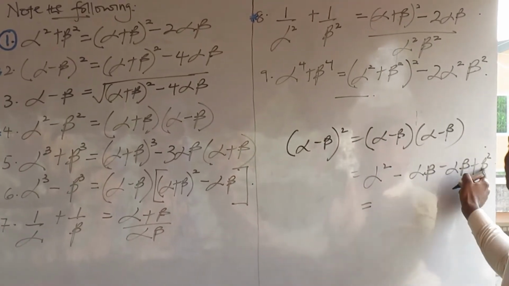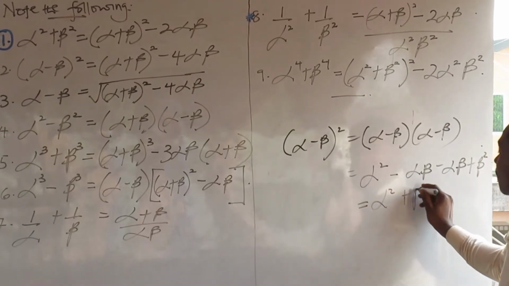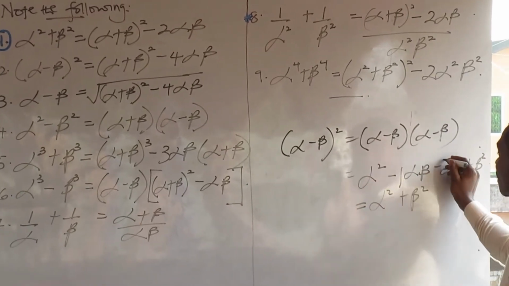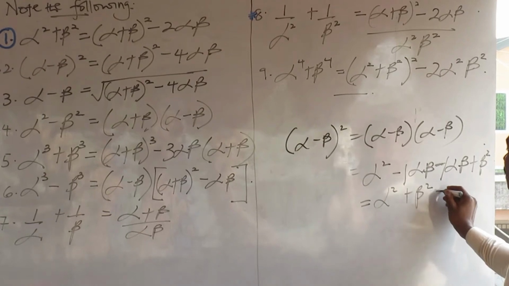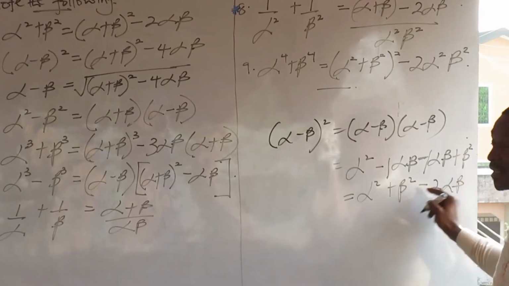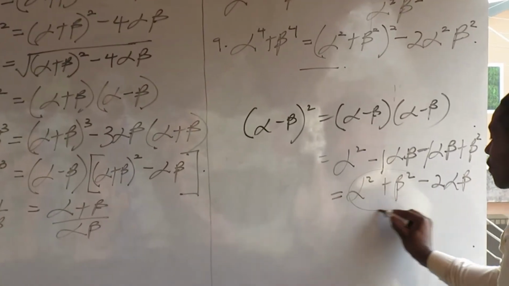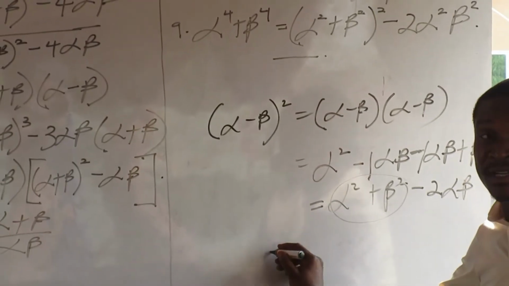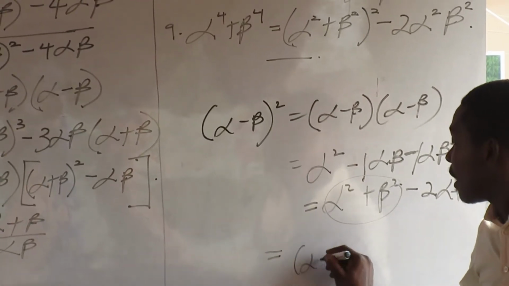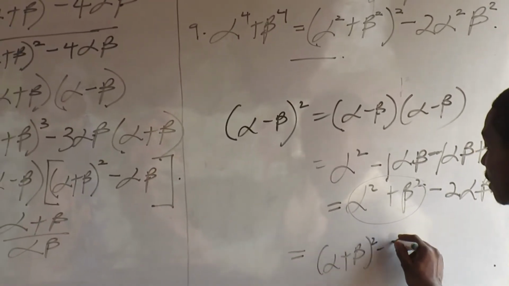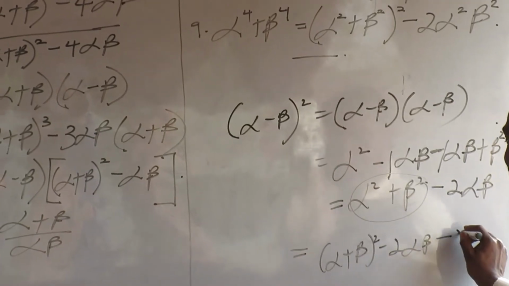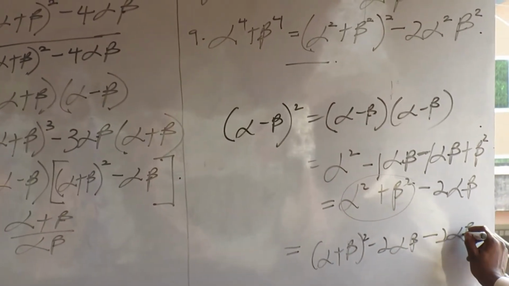So this and this, I can group them as alpha squared plus beta squared. That is 1, right? So this will give you minus 2 alpha beta. Now this alone will have that expansion you see there: alpha plus beta all squared minus 2 alpha beta, minus another 2 alpha beta.